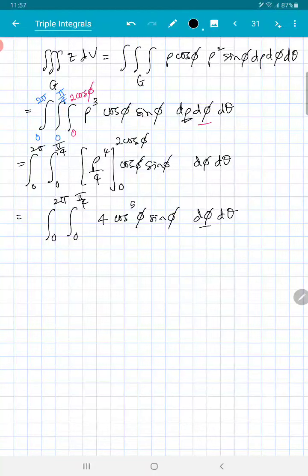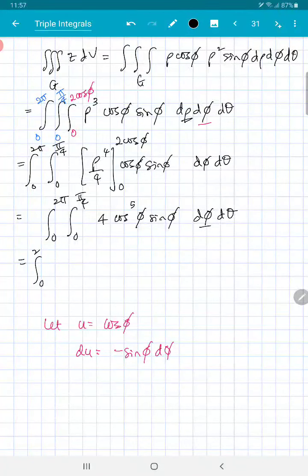Now we're going to use our substitution method. Let u be cos phi, so du is going to be negative sine phi d phi. Here we have 0 to 2 pi, and here we have 4.